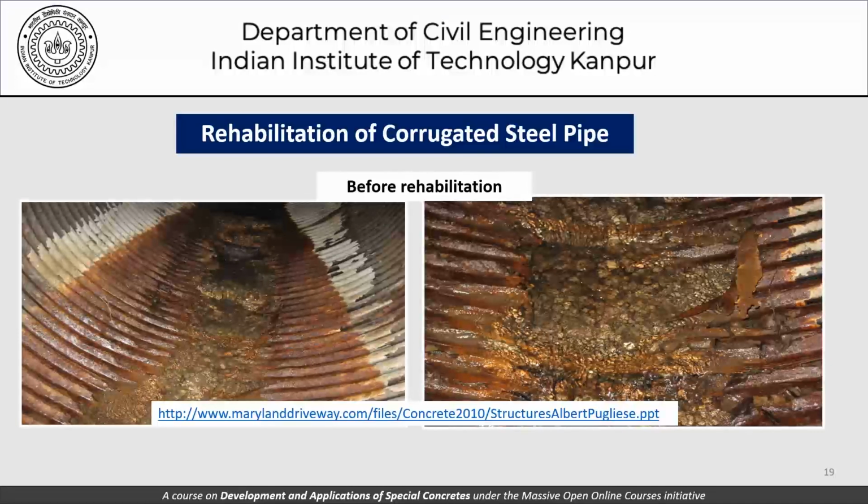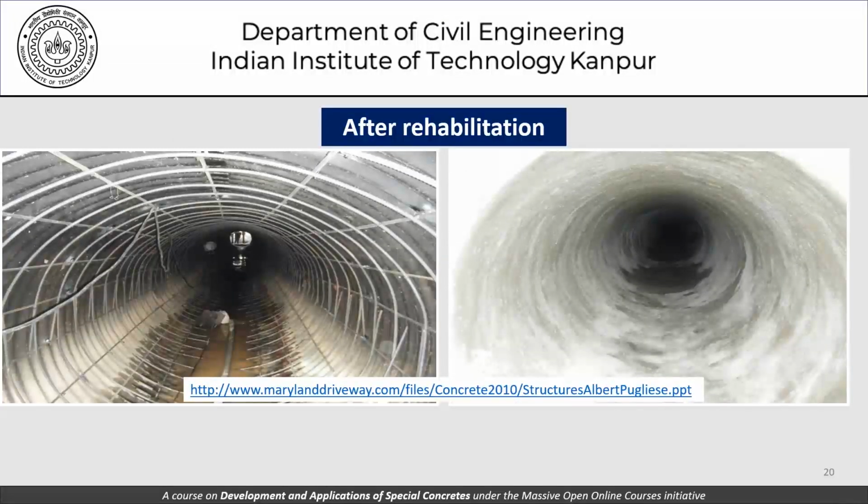So you can see that there is heavy corrosion as far as the steel pipe is concerned, and this picture here shows the pipe after rehabilitation using shotcretes. So what has happened, of course, is that the corrugated steel pipe has now got a lining of concrete inside.